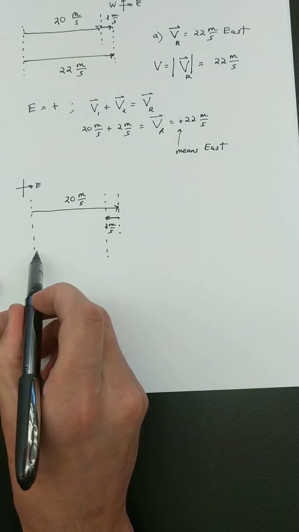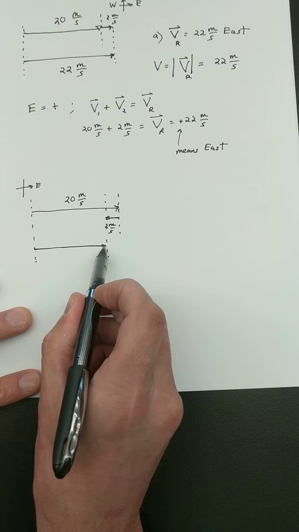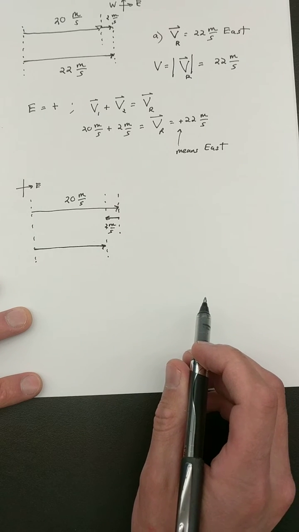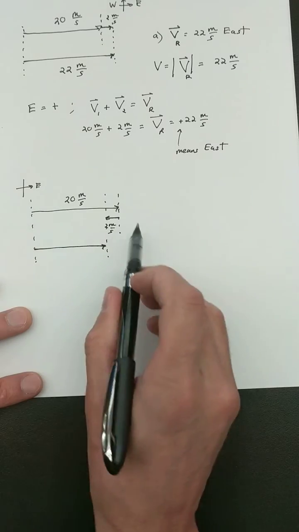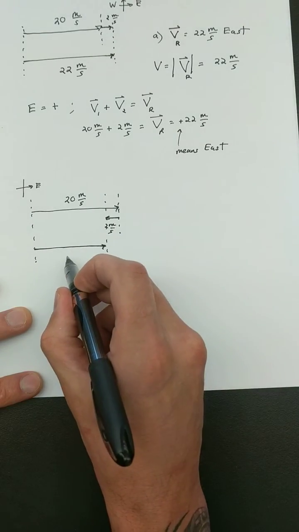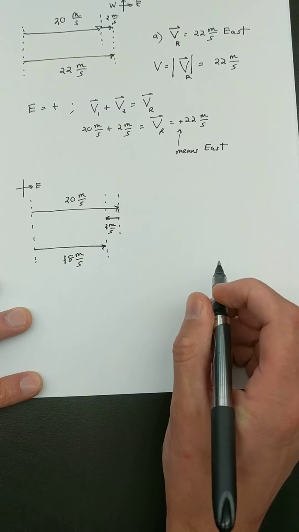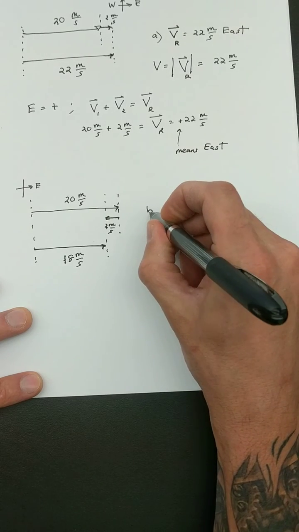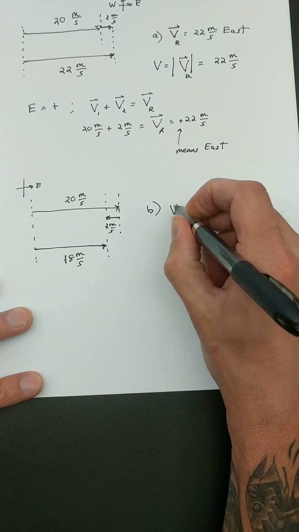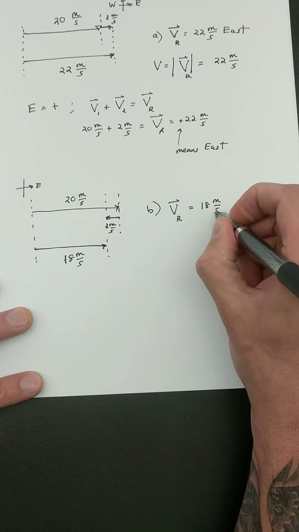So here's where you've got to be a little more careful. The resultant is still an arrow that points from where the first one started all the way to where the second one ends, tail to tip. But now you see that the resultant arrow here is only 18 units long. So for part B, we would say V_R is 18 meters per second.